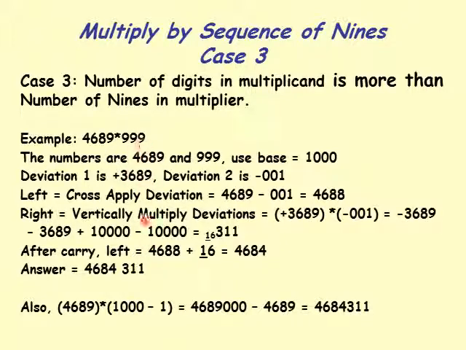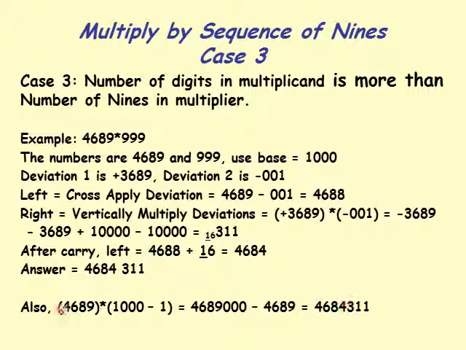Okay, let's continue. And also you could do that as 4689 times 1000 minus 1. 999 is 1000 minus 1, which becomes 4689000 minus 4689, which is 4684311. Okay, when the multiplicand is longer than the sequence of nines, this is probably your best bet.